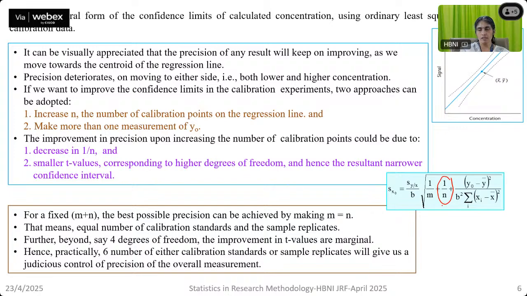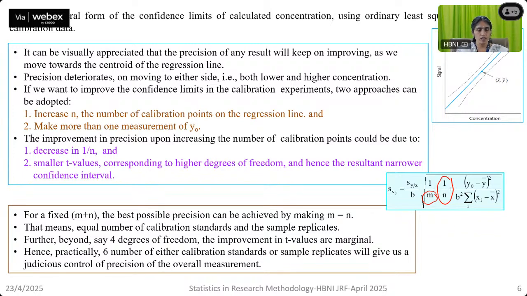At the same time, when n increases, the corresponding t value decreases, as we have already seen in the t table for repeated measurements and the effect of increase in n on the values of t. So the width becomes narrower and quality improves. In the same way, the m value represents the number of repeated measurements for the unknown signal y0.